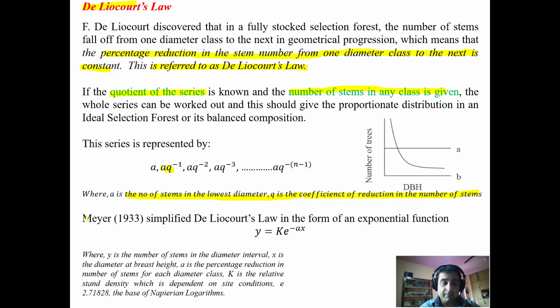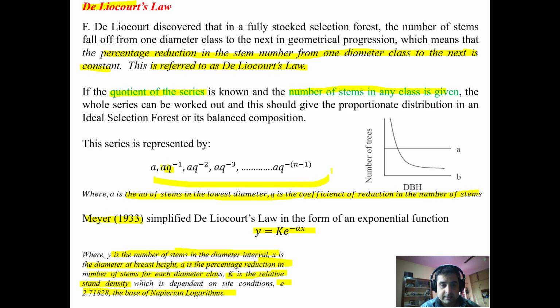Now the same formula of Liocourt was simplified by Meyer in 1933. He gave y is equal to k e raised to the power minus ax, where y is the number of stems in the diameter interval, x is the diameter at breast height, a is the percentage reduction in the number of stems in each diameter class, k is the relative stand density which may vary from species to species and forest to forest, and e is the base 2.7182, the base of the Neperian logarithm.